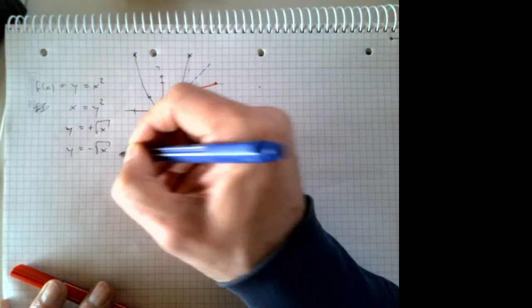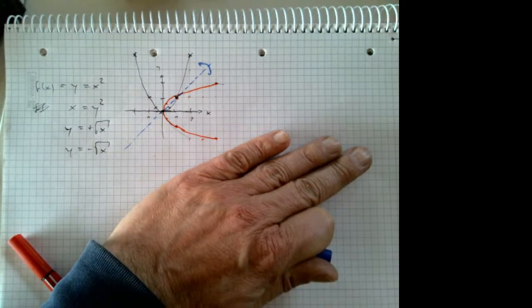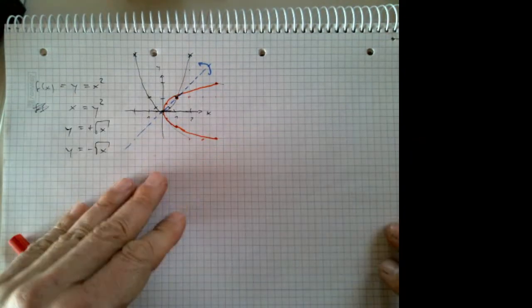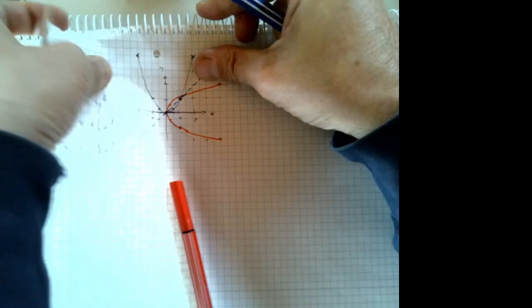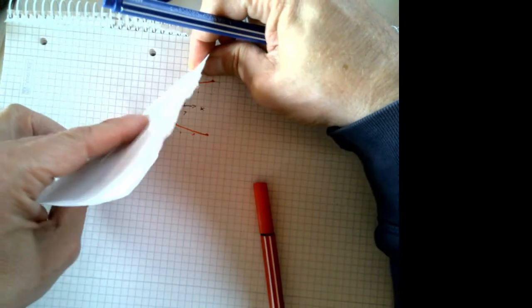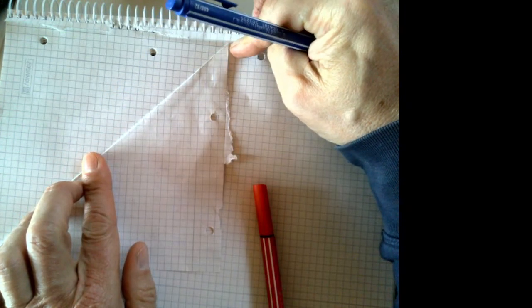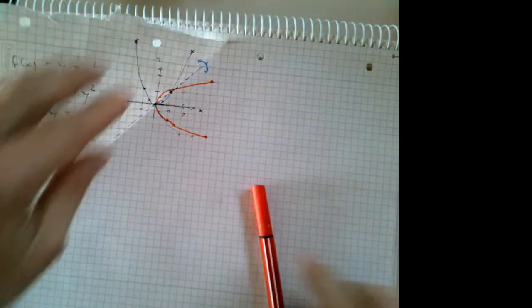You flip the graph about this axis. So I take my piece of paper and I fold it here, and then I have it. So what does that have to do with the logarithm?